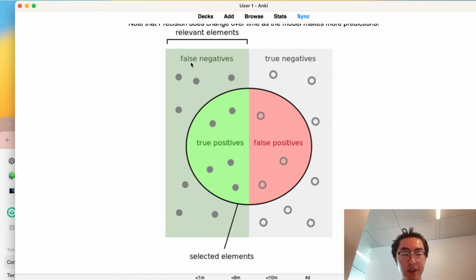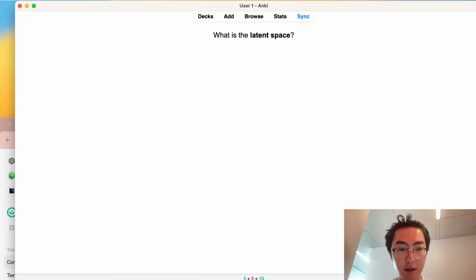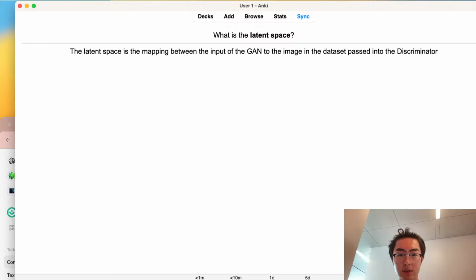So false negatives, true positives. Everything here is going to be a positive, and all of these here are negatives. I see. Okay. Latent space. It's the mapping between your input noise and the output image.